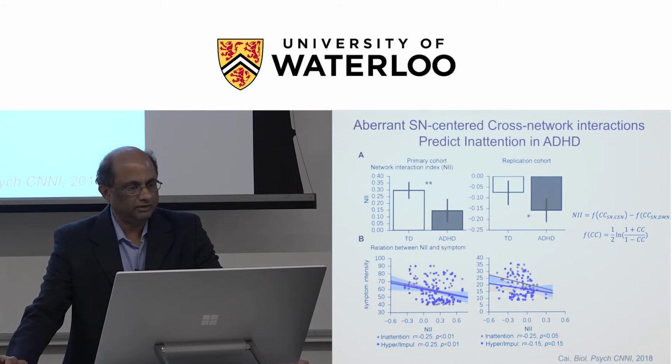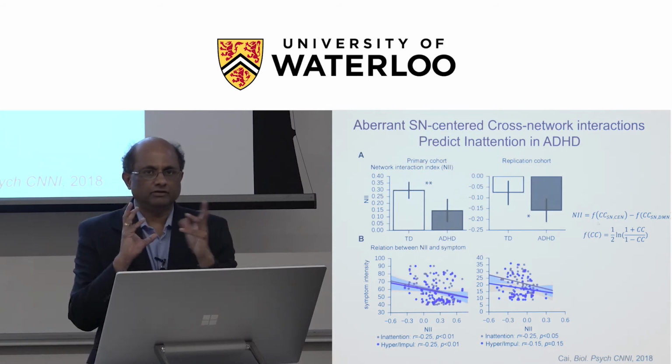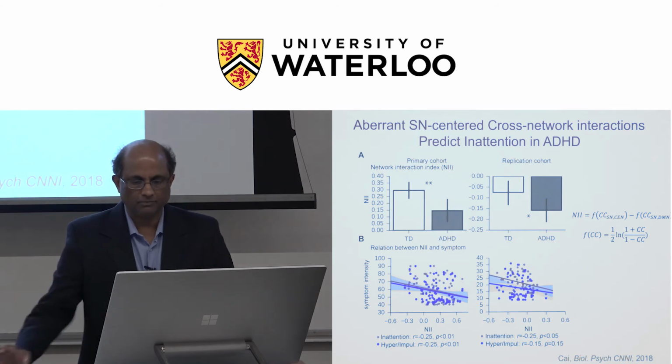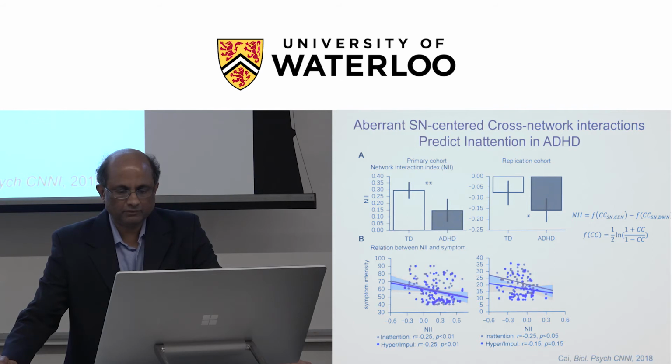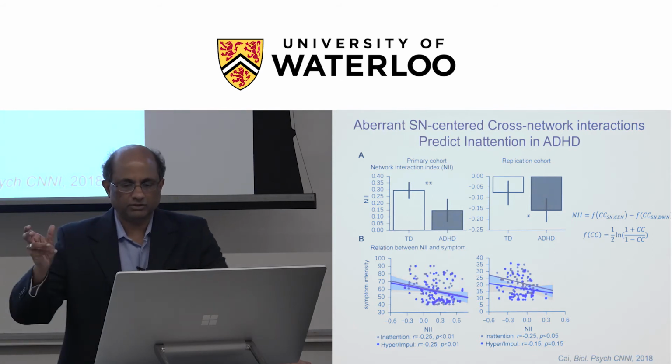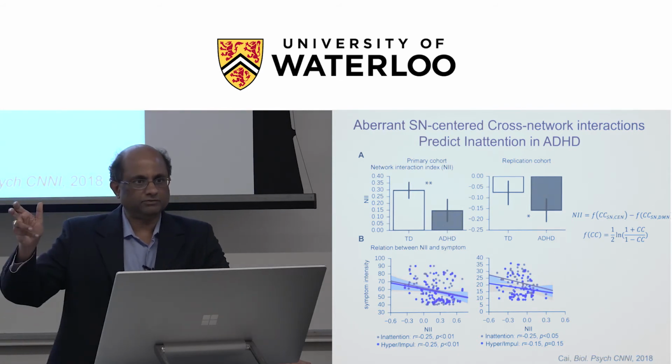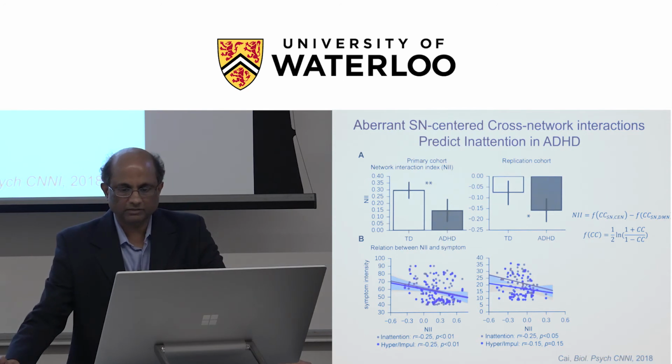So here what we did was to look at the interactions a little bit more specifically using a window-based approach. What this does is look at the extent to which the salience network is coupled to the frontoparietal network and decoupled from the default mode network, as a metric of network interactions.